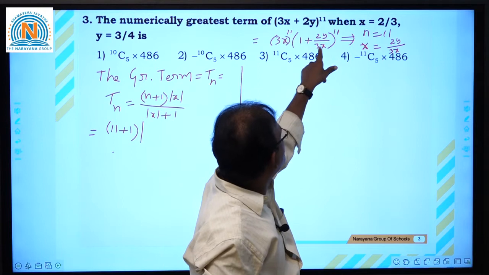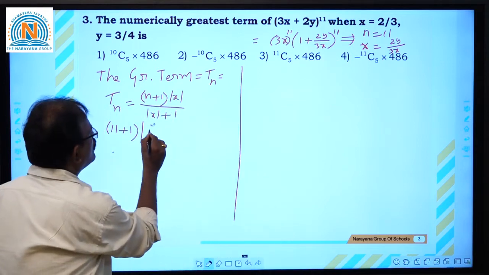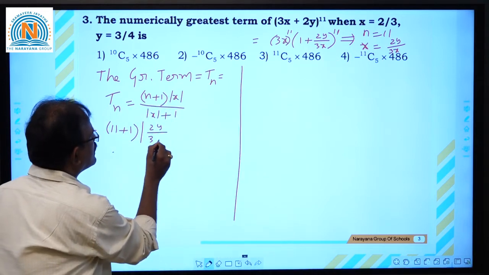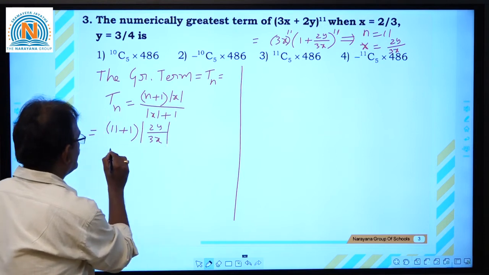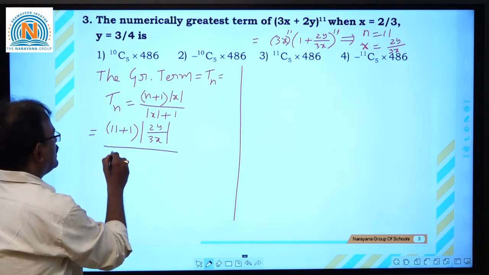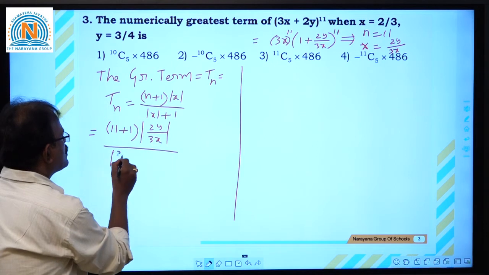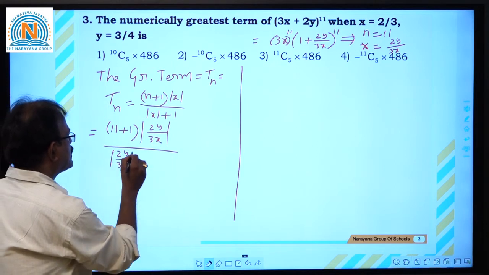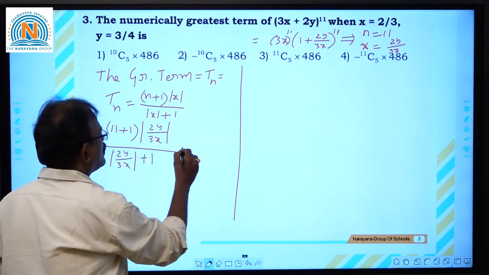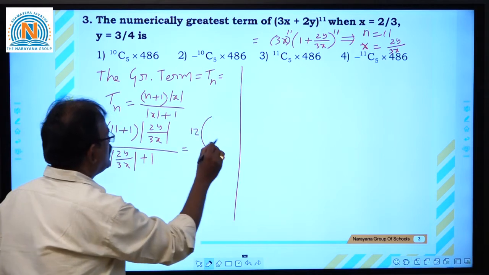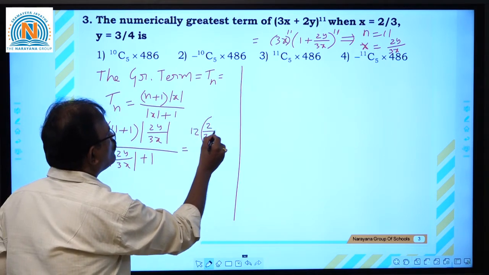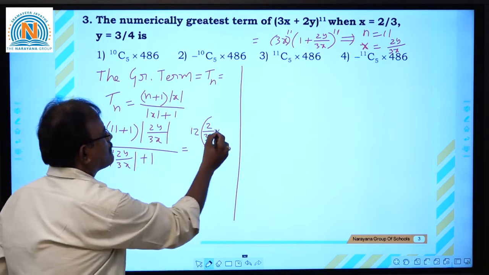X is equal to 2y by 3x, divided by, again modulus of x, 2y by 3x plus 1. Now this is 12 into 2 by 3 into y by x.